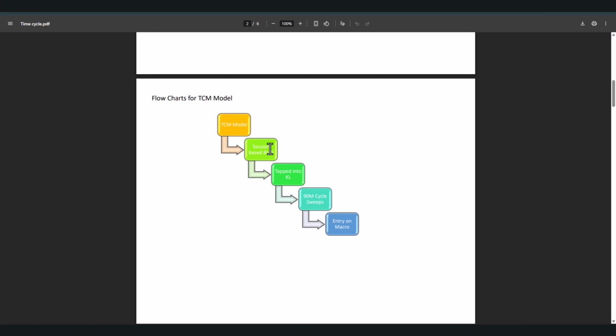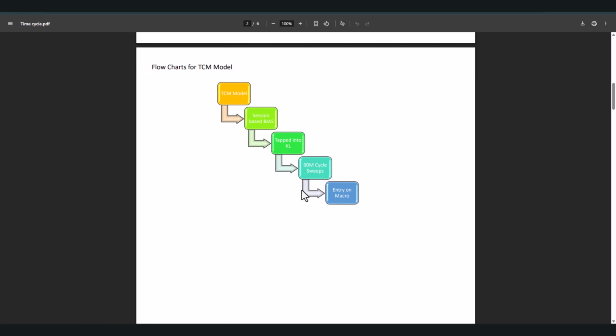After determining the bias, I need to wait to tap into a key level on H1. Later, I have to wait for sweeping the 90-minute cycle. Later I will describe briefly. When these three steps are done, then I will enter on macro.